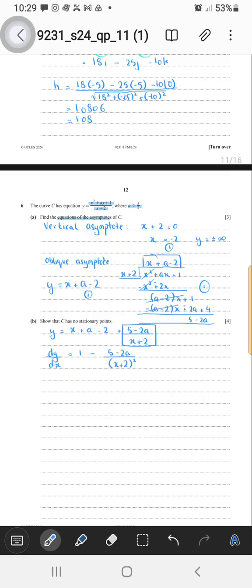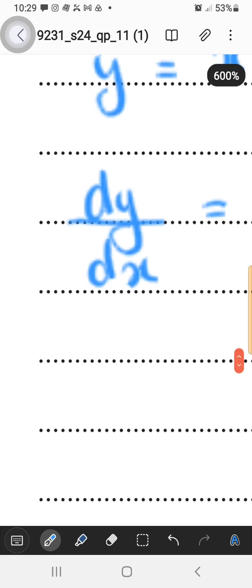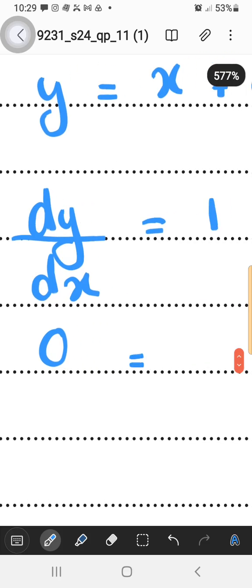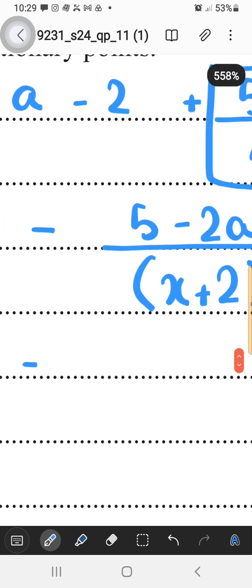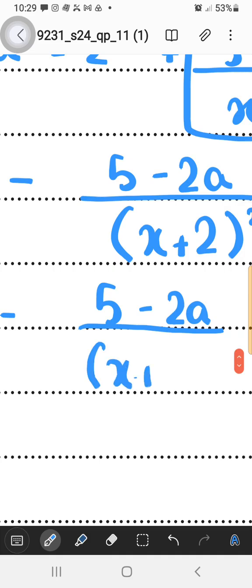Then when we have to find stationary points, dy over dx is equal to 0. Basic pure math of A levels. Here will be 0, and here will be 1 minus 5 minus 2a upon x plus 2 whole square.